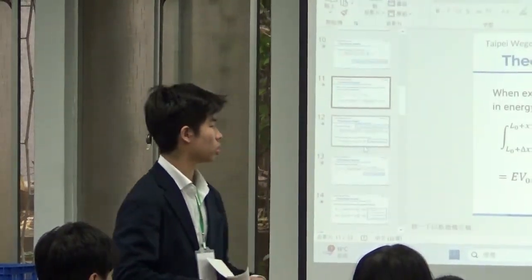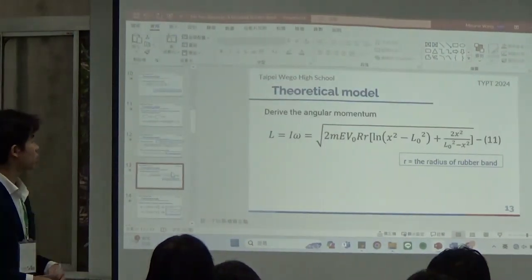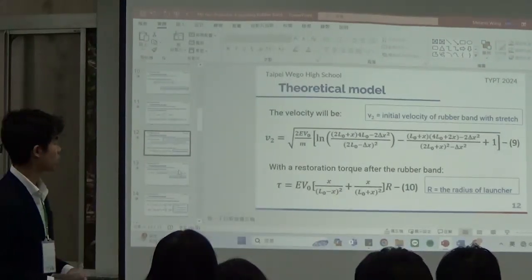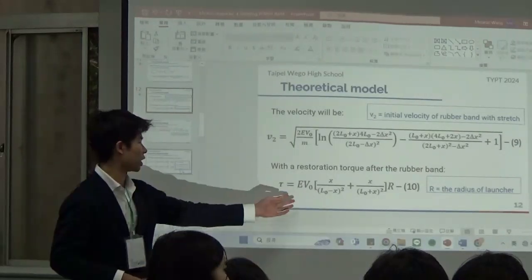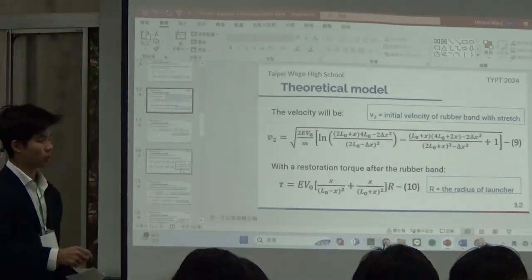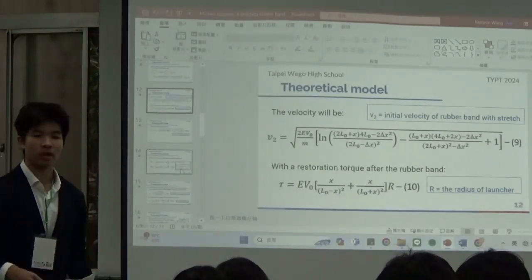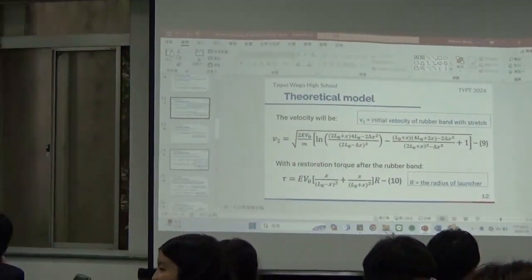So how do we do it? We use this formula so that the radius is actually the magnitude of the platform.